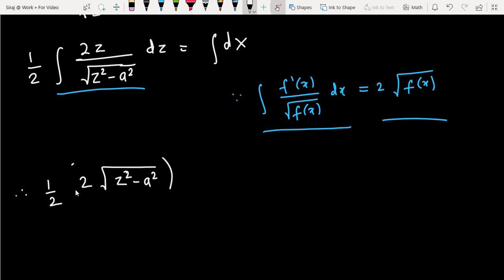Okay. So this bracket, it is the integration of left hand side, and on integration on right hand side, integration dx, it is nothing but capital X plus constant of integration c. Now 1 by 2 and 2 will get cancelled on left hand side.